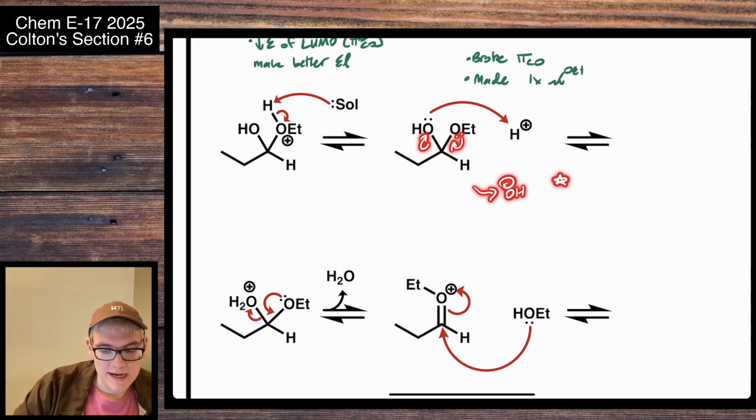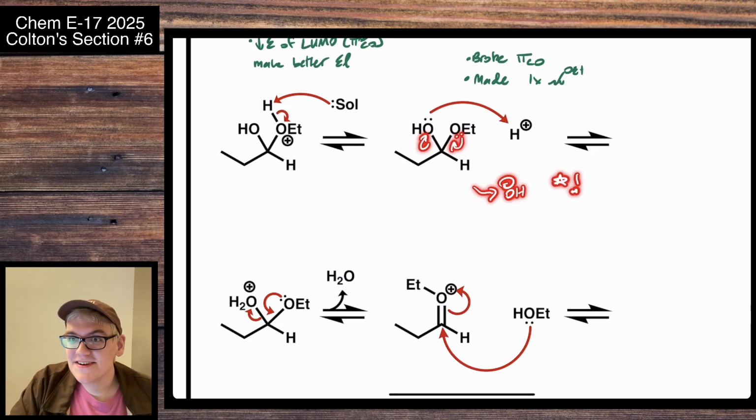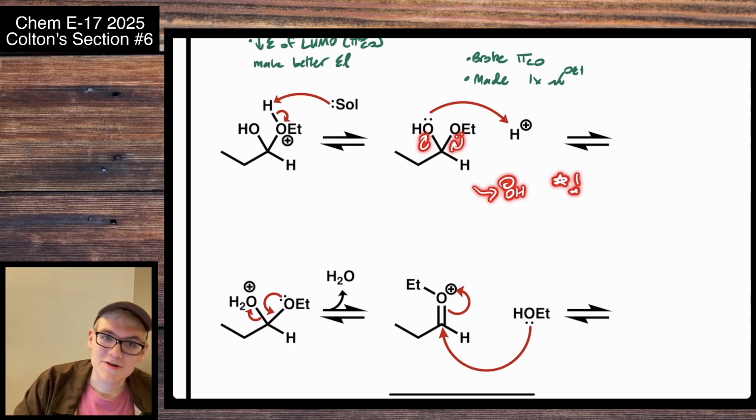One warning here is you never want to be kicking off something with a negative charge when you are in acid. It is just not kinetically going to happen. So in acid, you are only going to kick off things that are either positively charged or neutral, whereas in base, you're never going to kick off something that's positively charged. You're only going to kick off things that are neutral or negative. That's one trend to watch out for.